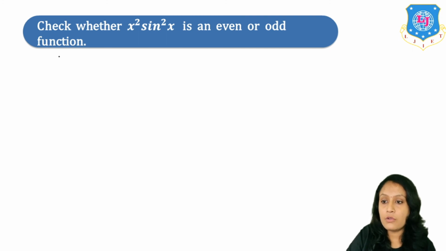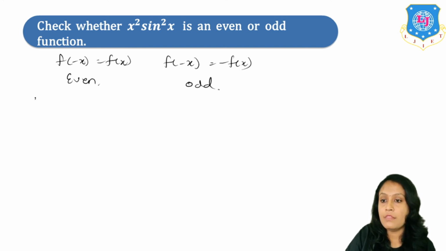Now we know that if f of minus x is equal to f of x, then this is an even function. And if f of minus x is equal to minus f of x, then this is an odd function. Now here f of x is given, that is x square sin square x.